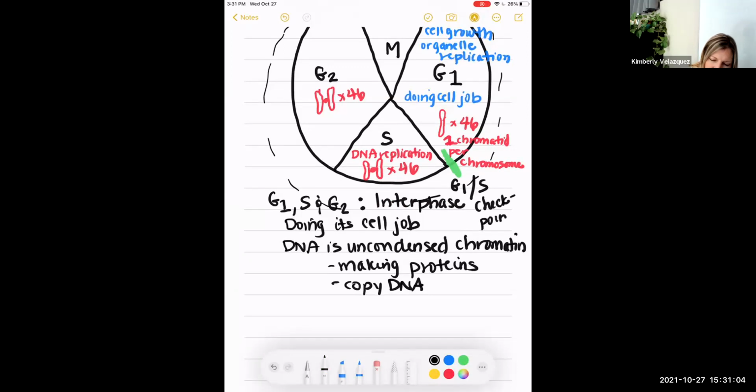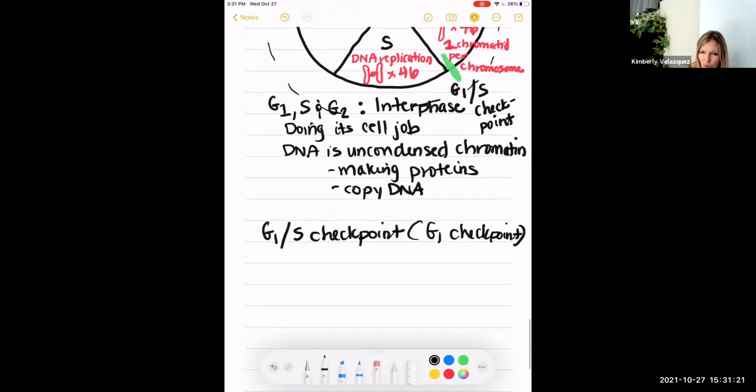Sorry, my diagram is getting really constricted here. That G1S checkpoint, sometimes just called the G1 checkpoint, is really checking a couple of things, but the main thing it's checking for is DNA mutations.